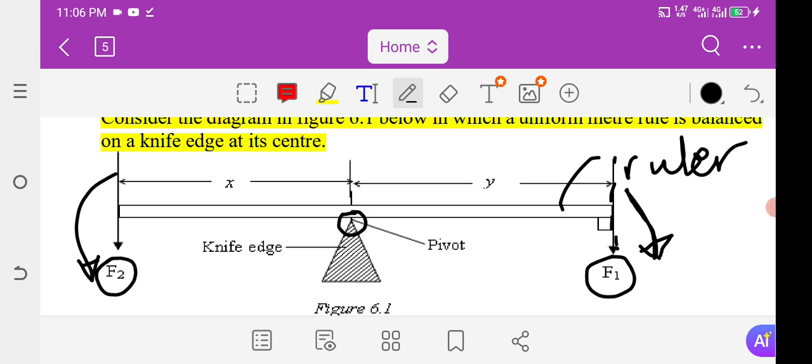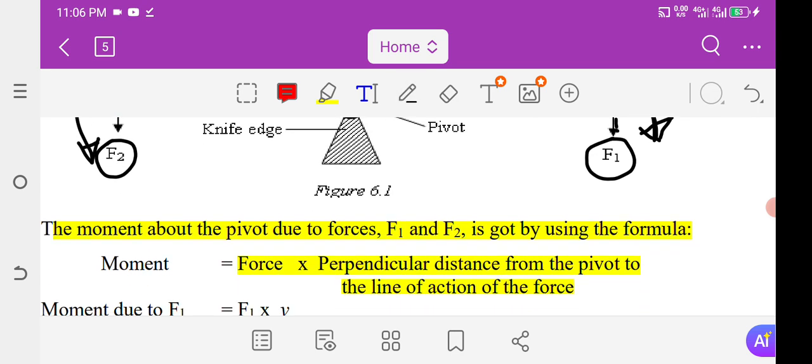So the distance we are referring to is the distance from the turning point. The whole of this distance is called the perpendicular distance. It must be at 90 degrees. Similarly, there is also a distance labeled x, which must be perpendicular to the line of force there.